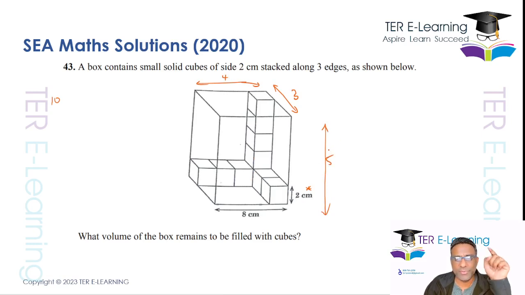So the total number of cubes needed to fill the box will be 4 by 3, 12. 12 by 5 is 60. So you need 60 cubes in total to fill the box, but you already have 10. So all we need to do is take 60 minus 10. So you need 50 more cubes in order to fill this thing.